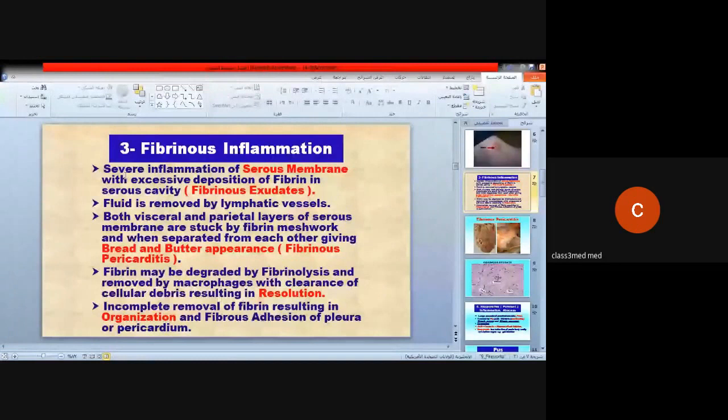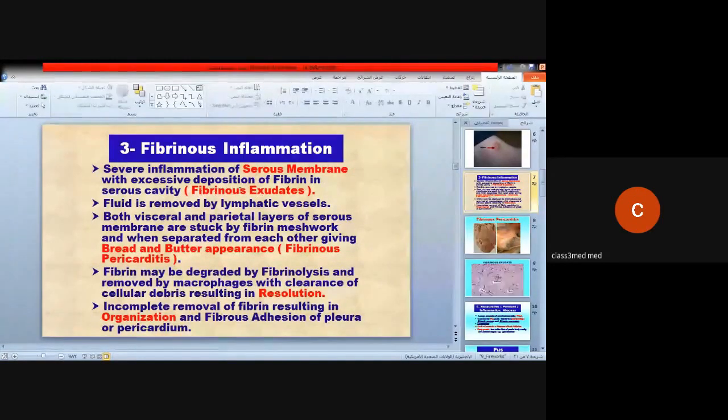So the morphology of acute inflammation depends on the severity of the inflammation, in addition to the causative agent and the character of the tissue. It is a severe inflammation of the serous membrane with excessive deposition of fibrin in the serous cavity and formation of fibrinous exudates.